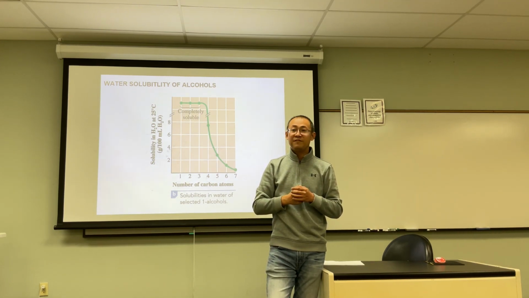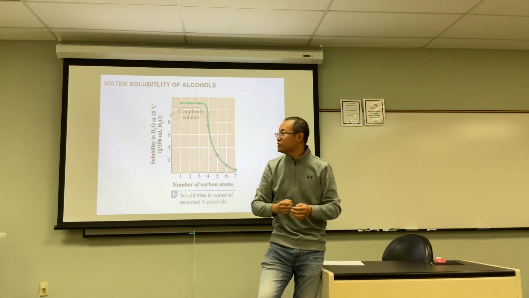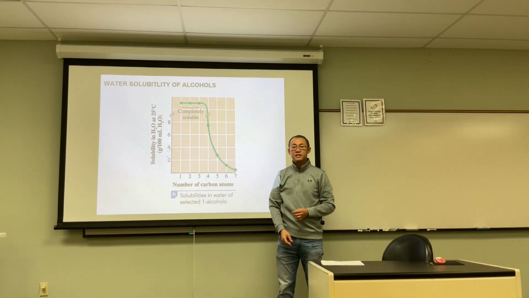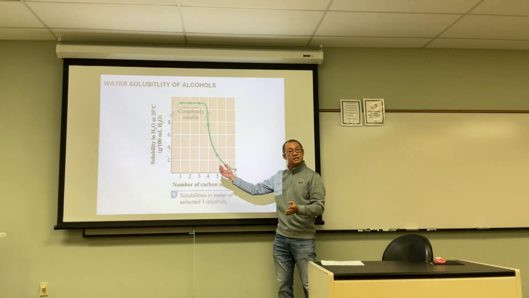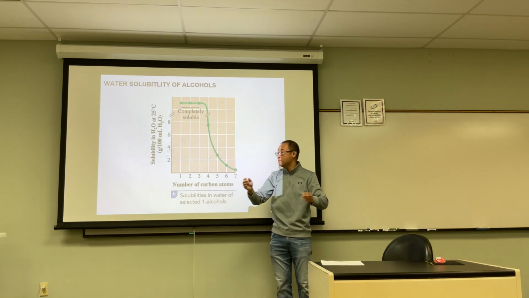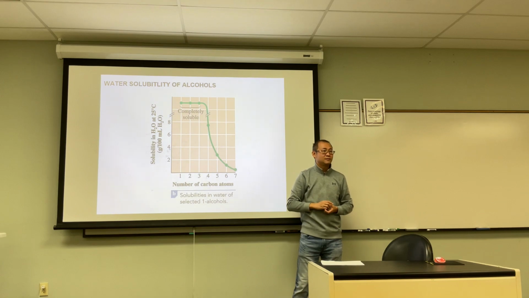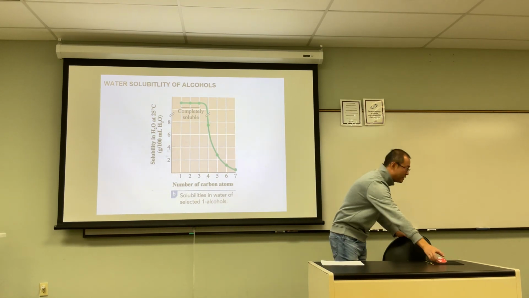However, if you increase the size of the molecule, basically increase the R chain, the water solubility is going to decrease. Okay, decrease. Thank you. The reason is that as you increase the chain, it becomes more and more dominant. Does it make sense, guys? Okay, that's the first physical property, about water solubility.